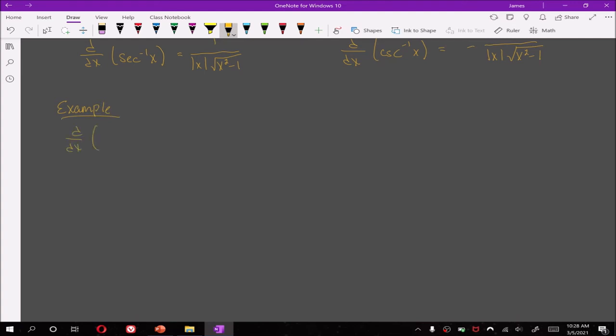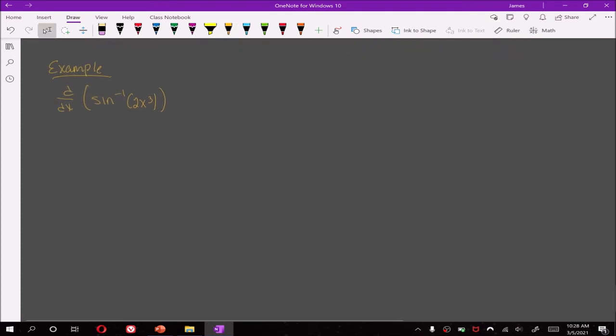the derivative of the inverse sine of 2x cubed. And so from our previous work, we'll have 1 over the square root of 1 minus what we're taking the inverse sine of squared.